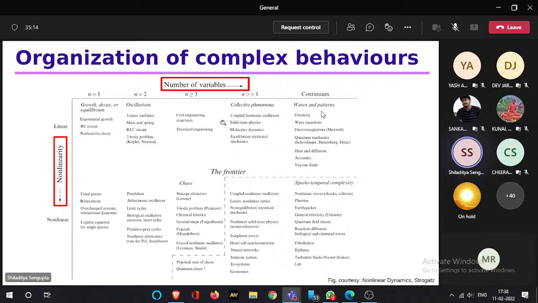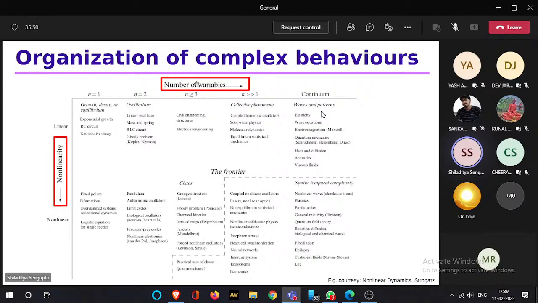I'm not going into the chart, but just to point out, it is a 2D map of different topics that covers a broad range of syllabus in physics and engineering, some of which may be familiar to you, like RC circuit, radioactive decay, a lot of physical phenomena, oscillator, mass, spring, etc. Some of these may not be familiar to you, and some of these you will be studying maybe in your course.